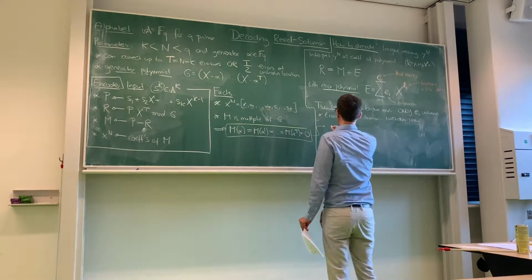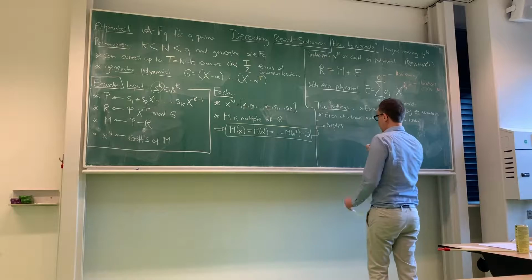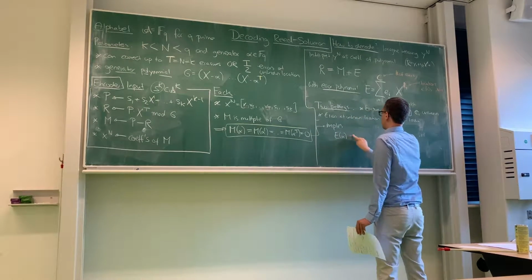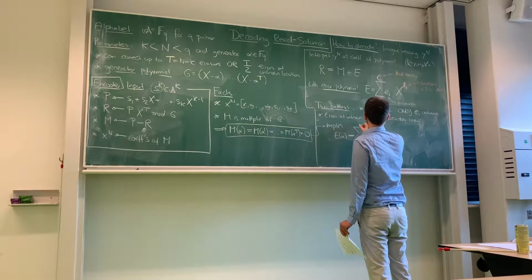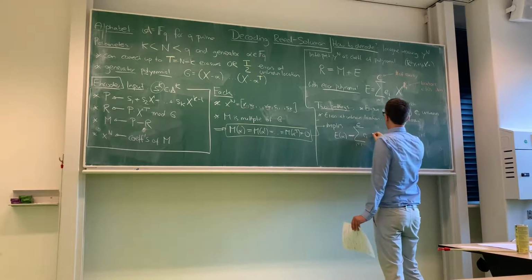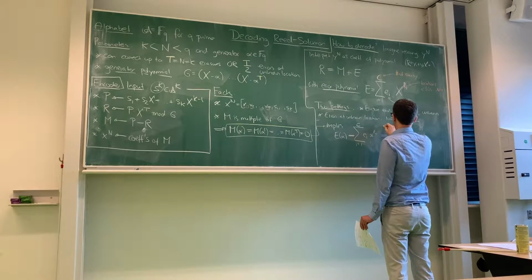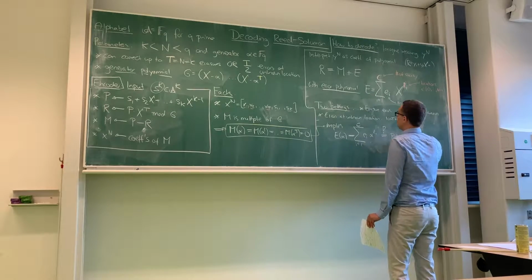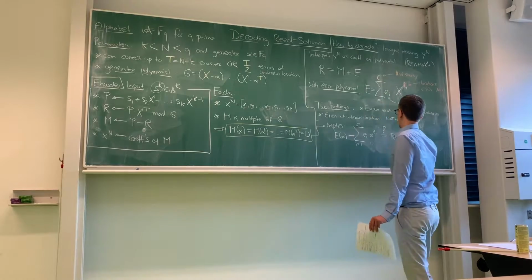So this condition implies the following. What is e of alpha actually? e of alpha is the sum over i equals 1 up to c of e_i, and now I'm plugging in alpha for x, so alpha to the L_i. This we know is the same as r of alpha, again because the two polynomials add up to r, and m of alpha is 0.